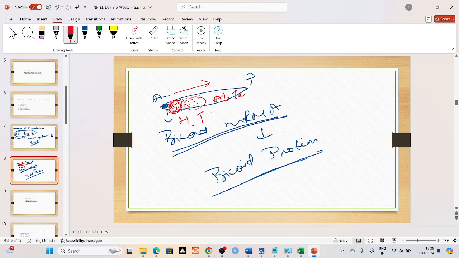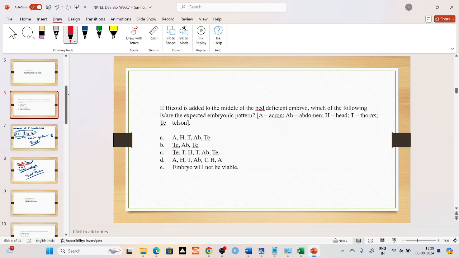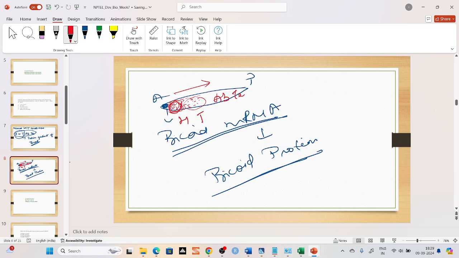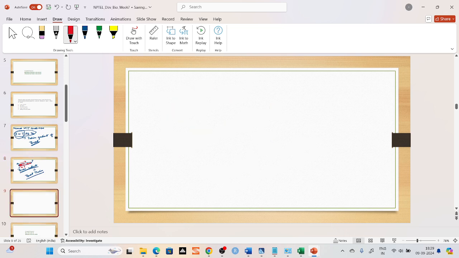Fine. Now, the question says that the embryo is deficient of bicoid. If an embryo is deficient of bicoid, that means there is no gradient formation that has taken place.